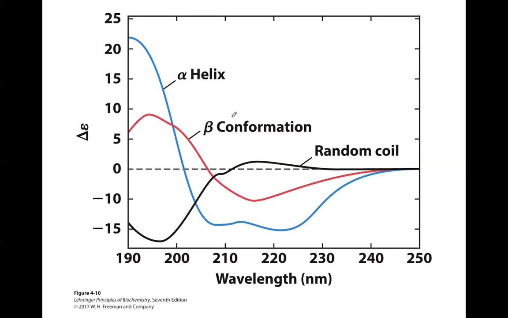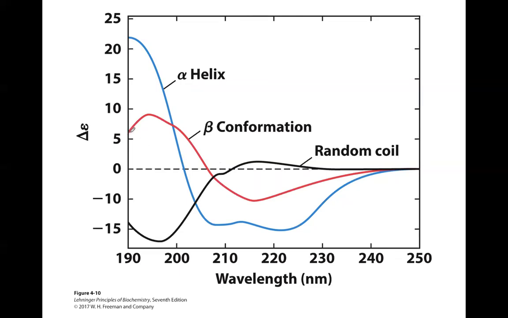Yeah. So, right, that's what I said, that in a bigger protein, when you have a number of these conformations present, then the curve will have a much more complex character. So it's going to be more difficult. If you only have one type of secondary structure, then it's pretty straightforward. It goes straight down into negative, stays in the negative, and then goes to zero.